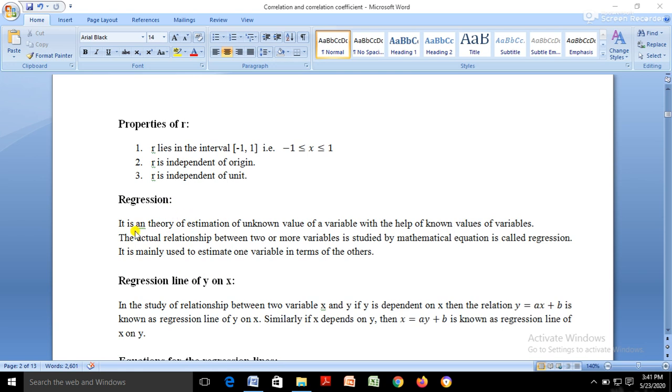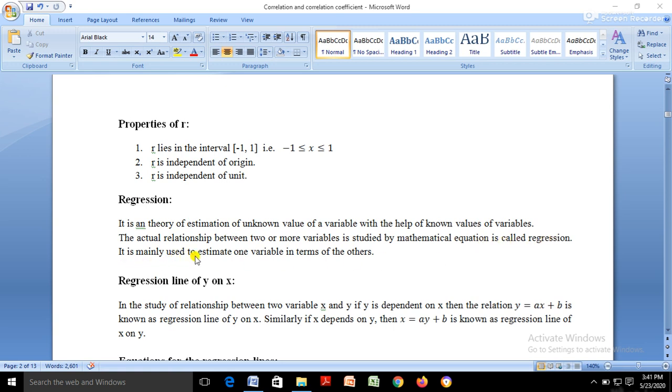Regression means it is a theory of estimation of unknown values of a variable with the help of known values of another variable. The actual relation between two or more variables, studied by a mathematical equation, is called regression.